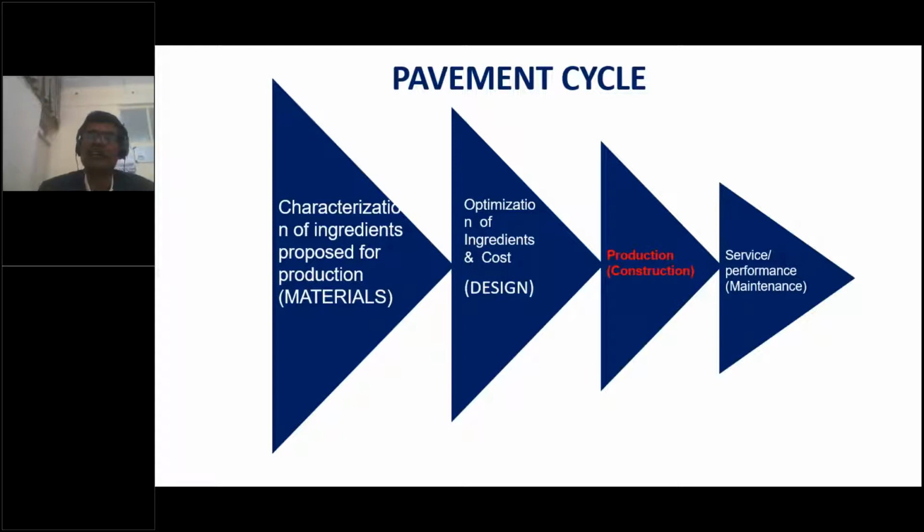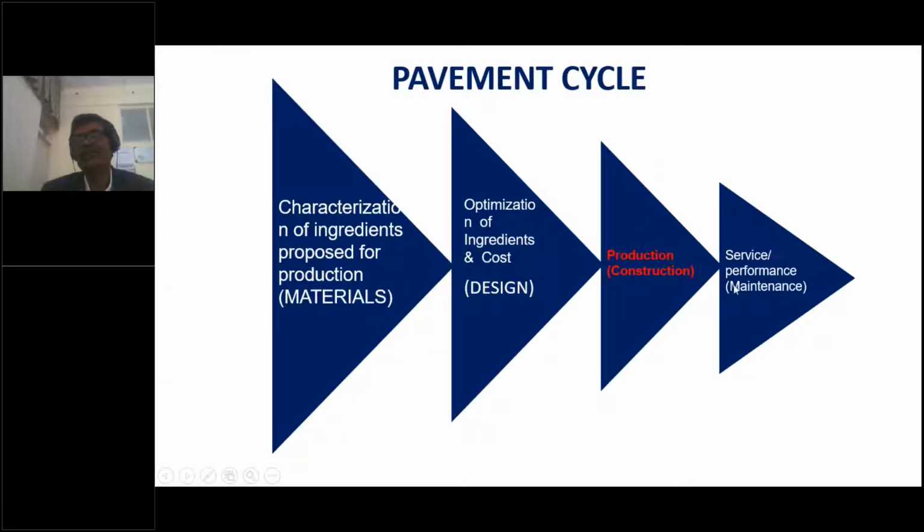We have good materials and a very good design, but unless it is put into practice, these materials and this design go to waste. So this is the topic of today's discussion, on which we will be interacting more on this important phase.